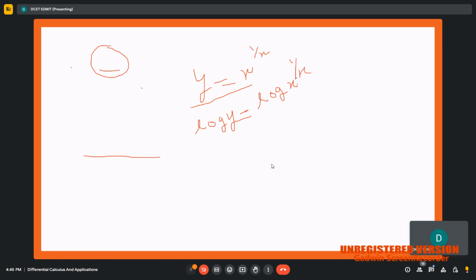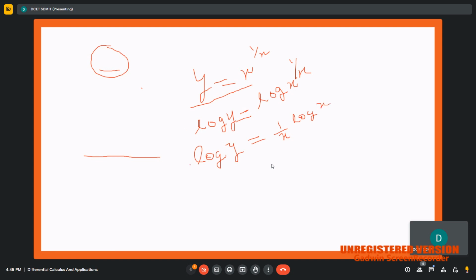Log y I keep as it is. Here log a to the power of b is b into log a, so the power 1 by x I keep as it is, like this: 1 by x into log x.